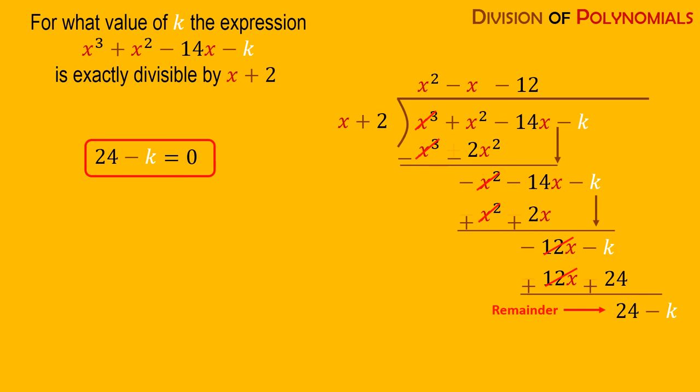Since k is being subtracted here, when you move it to the other side, it will be positive like this. So k should equal 24, so that this polynomial will become exactly divisible by x plus 2. Right? Because this is the remainder. When k is 24, you can see 24 minus 24 will become 0, and when the remainder is 0, the polynomial is exactly divisible.